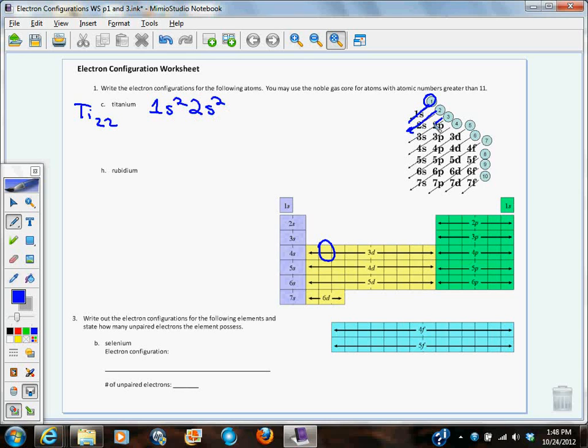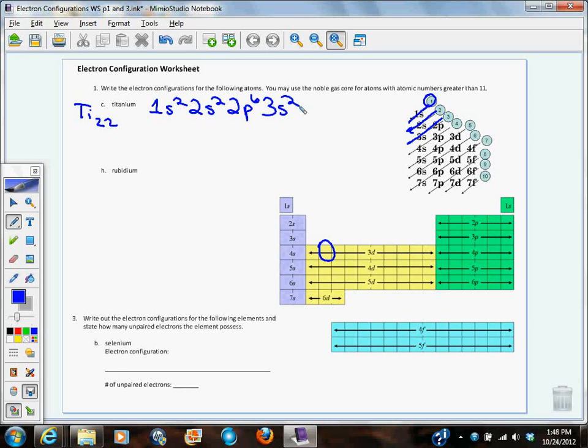I go to diagonal number 3 here. So this is going to be 2p6, and remember there's 6 electrons in the p's if it's full, then 3s2. So now I'm up to 2, 4, 6, 12 electrons. I still have another 10 to go.